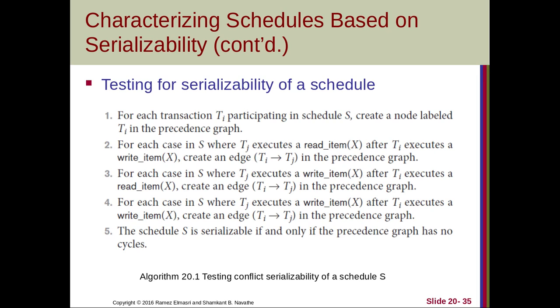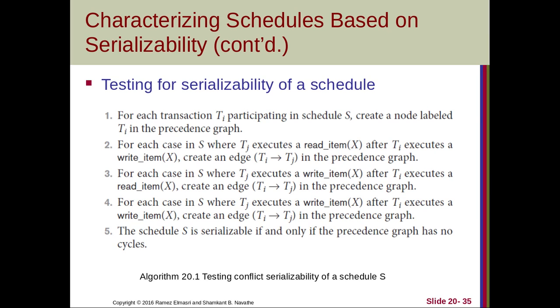After doing this, if the precedence graph has cycles, then it is not serializable. S is serializable if the precedence graph has no cycles.